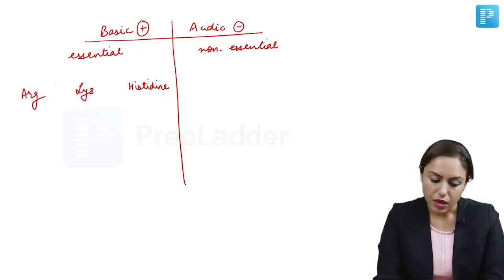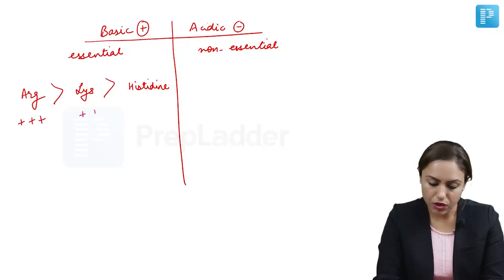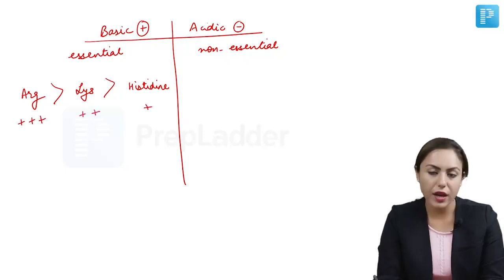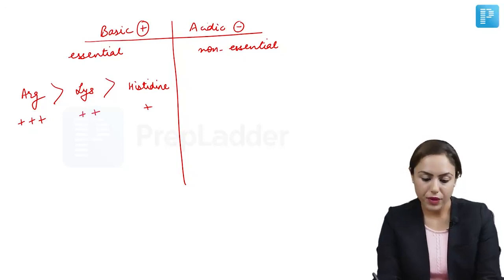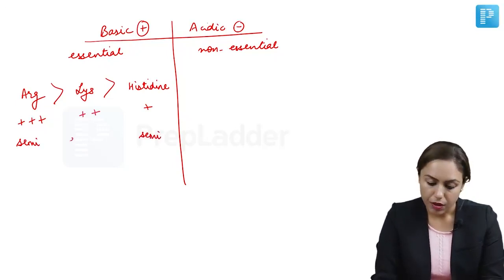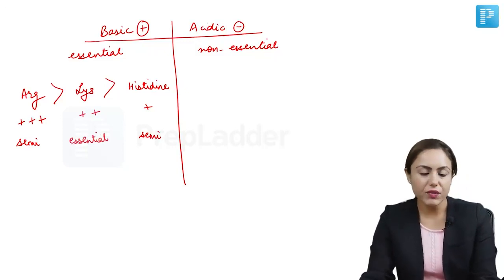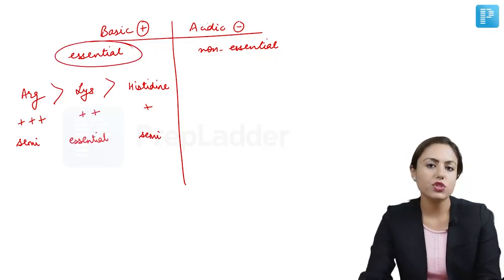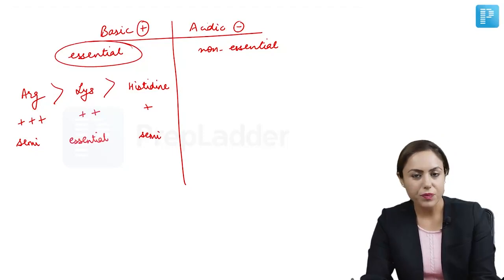Arginine is most polar, then lysine, then histidine. Arginine has 3 positive charges, lysine has 2, and histidine has 1. Arginine is semi-essential, histidine is semi-essential, but lysine is essential. So basically we can say all are essential in this category.